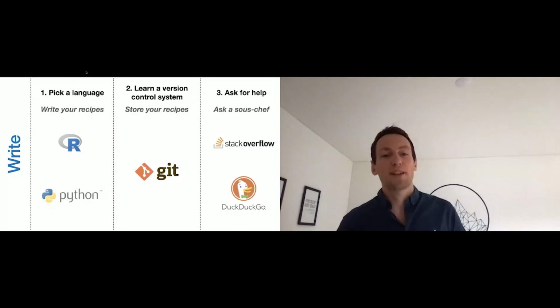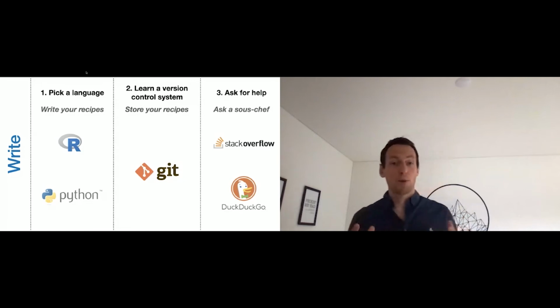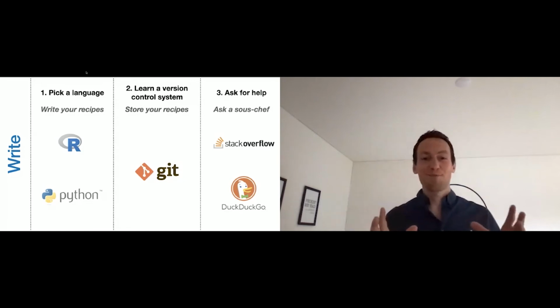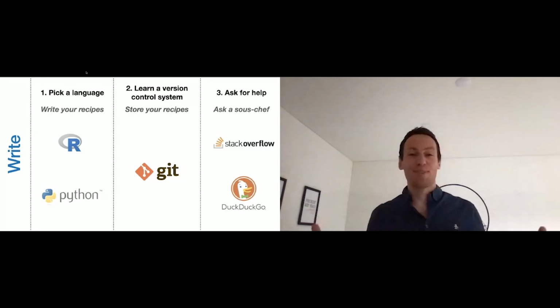Now, in the data space, there's really 2 predominant open source software languages that you'd want to use, and that is R and Python. In our team, we predominantly rely on R. I personally think it's a better data language, but that's very much personal preference, and I do not want to get into programming flame wars right now. But we also use Python, and they're both suited perhaps for different use cases. So that's the first step, to pick a language.